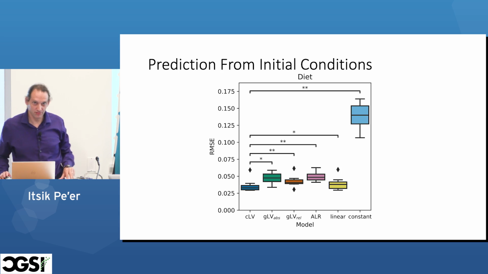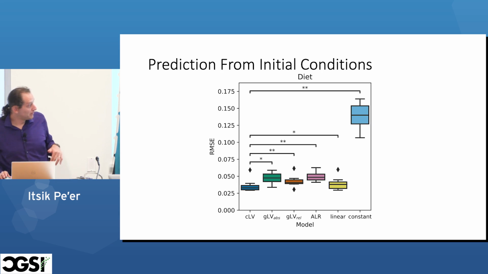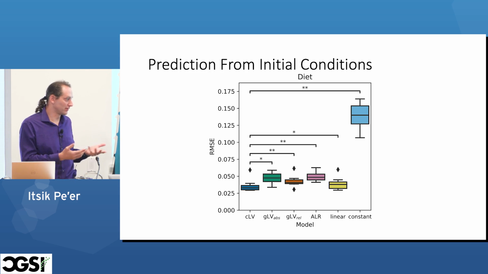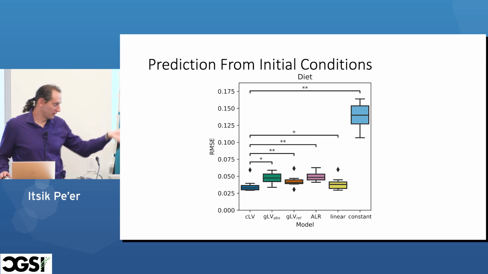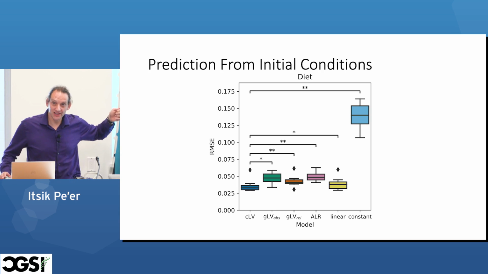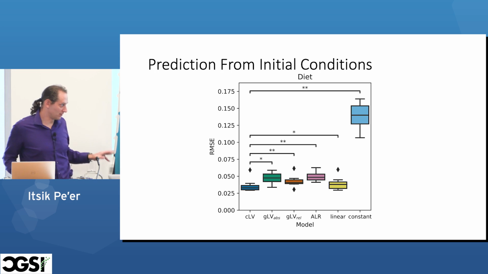The y-axis is root mean squared error in the prediction for the next time points, and these compositional equations are doing better than trying to fake them with different transformations to the compositional vectors that have been suggested in the literature, just trying to normalize the raw data rather than having equations on the raw data that take into account the dimensionality that's one dimension fewer, and all the relationships are compositional.